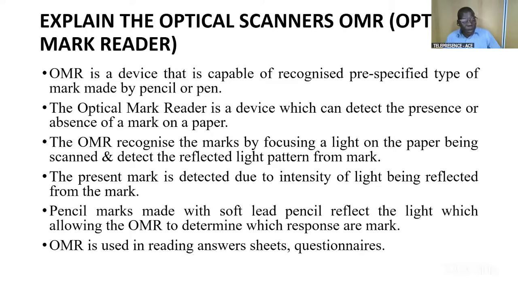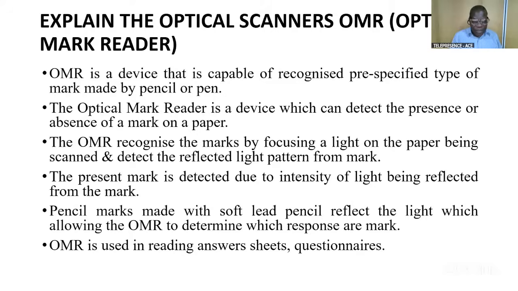The OMR recognizes the mark by focusing a light on the paper being scanned and detecting the reflected light pattern from the mark. The presence of a mark is detected due to the intensity of light being reflected from the mark.